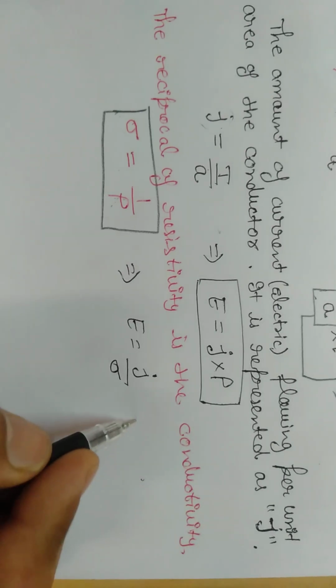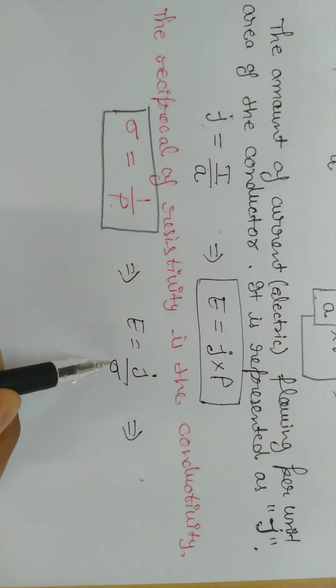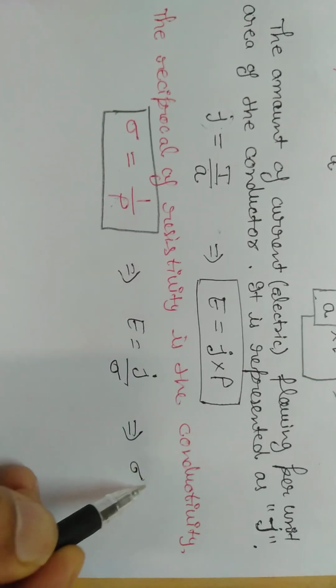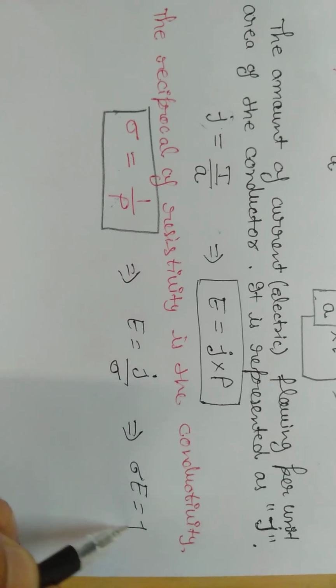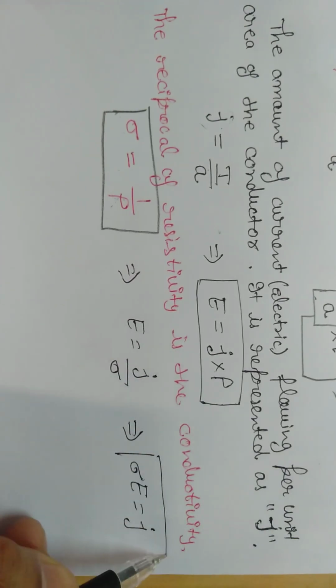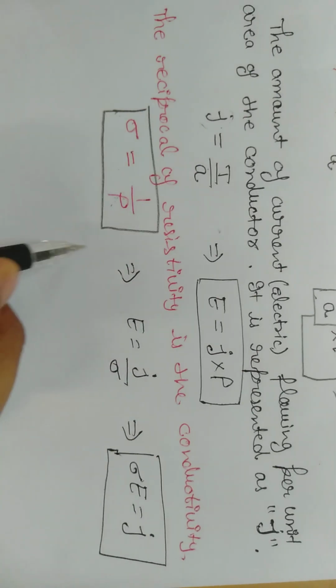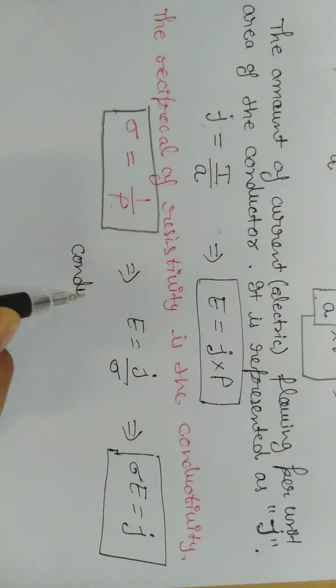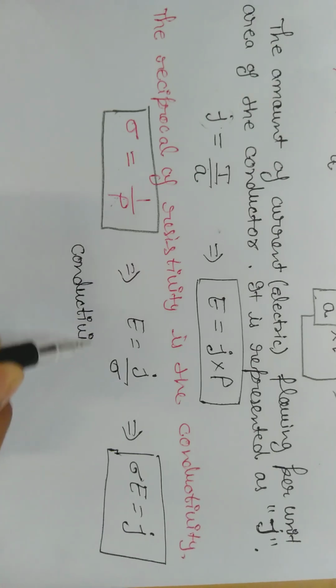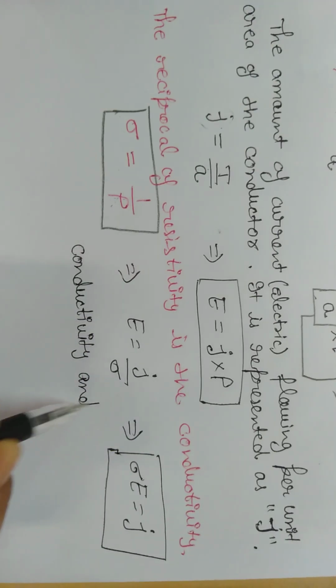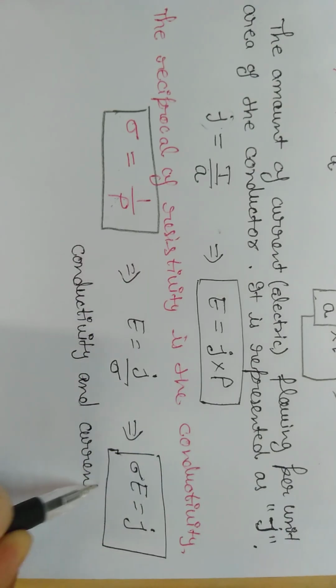We will cross multiply here, it will become sigma into electric field equals your current density. So that is the relation between your conductivity and current density.